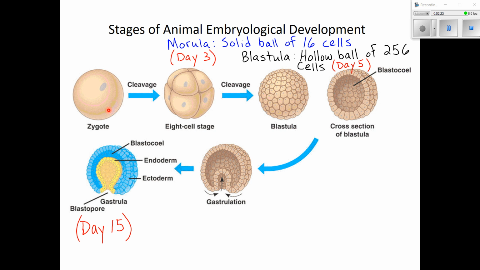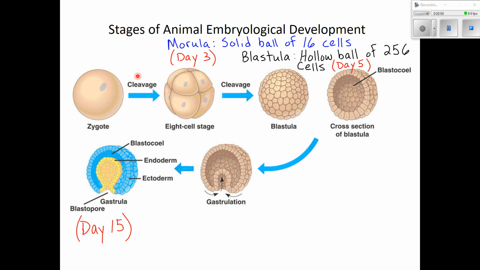It grows. It makes a copy of all of its chromosomes in the S stage, and then it prepares to divide, and then it does mitosis and cytokinesis, and it divides to make two genetically identical cells. And they also divide again to make four. And you can see this early stage of cell division is referred to as cleavage.